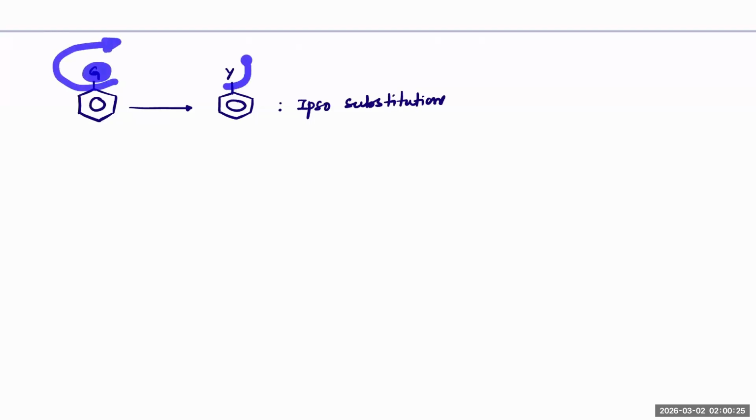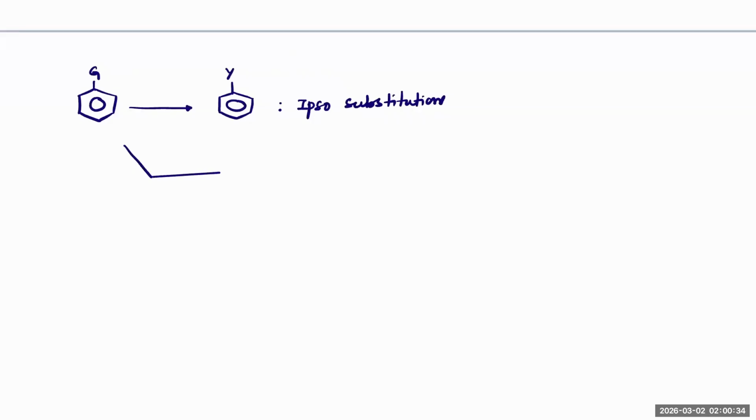If you have a group here, and this group is being replaced by something new, some new group has been substituted, this is called ipso substitution. That means a functional group which is present on benzene is being removed and some new group has been attached at that position. Such kind of substitution is called ipso substitution.